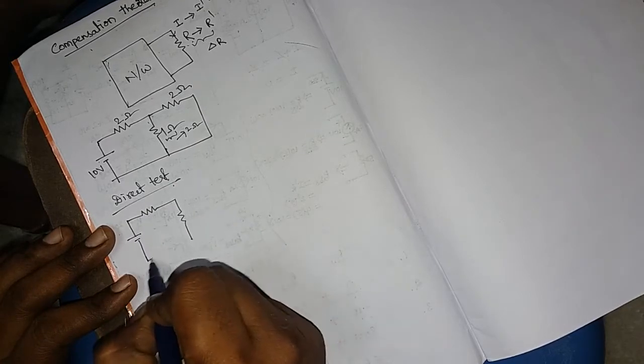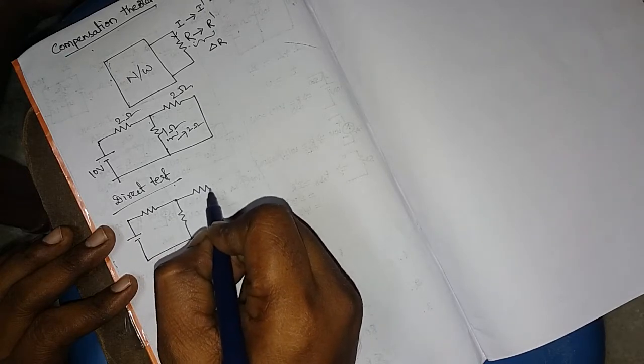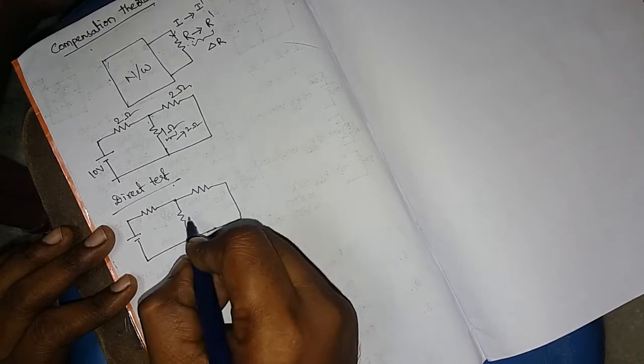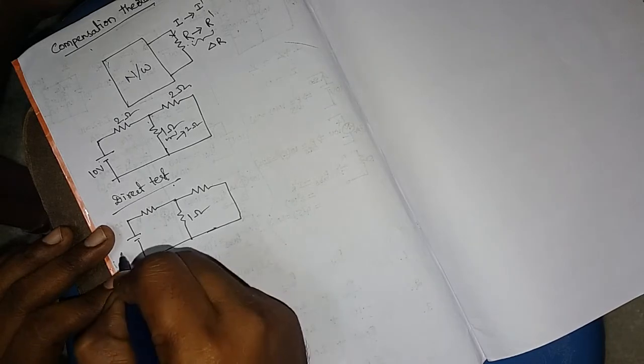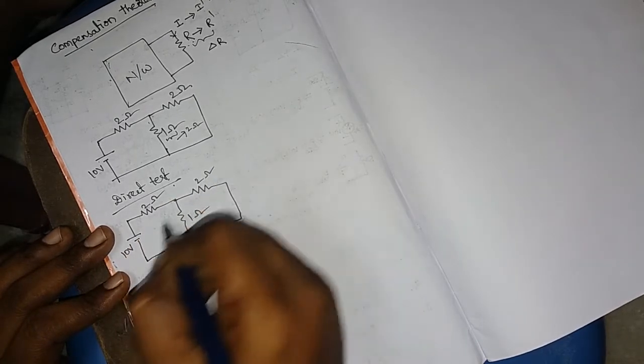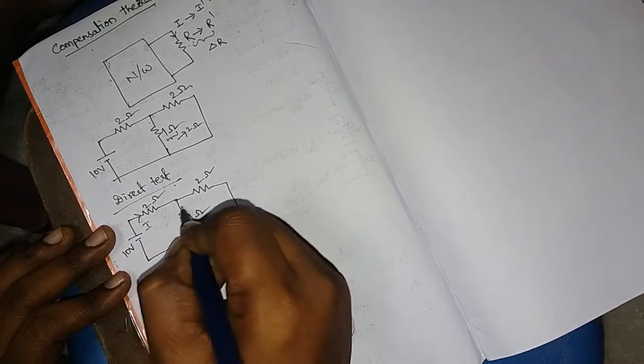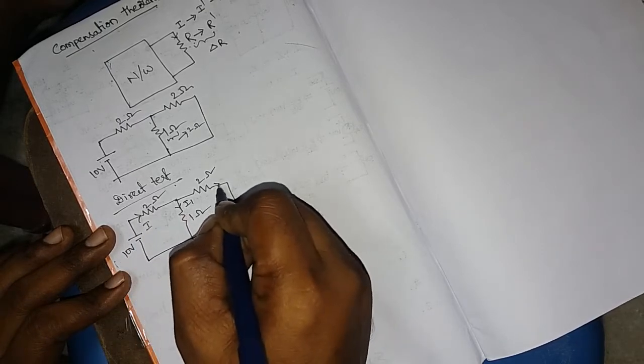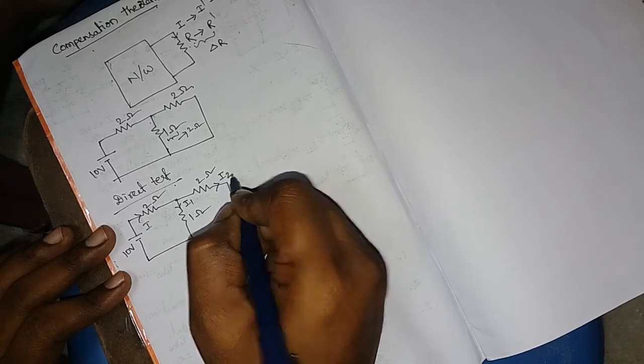First I keep 10 volts, 2 ohms, 1 ohm and 2 ohms as they are. Let this current be I, this I1, and here I2.